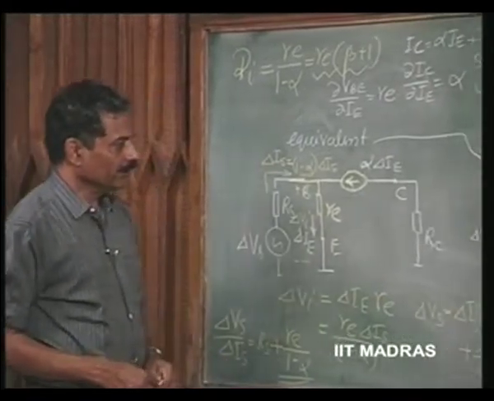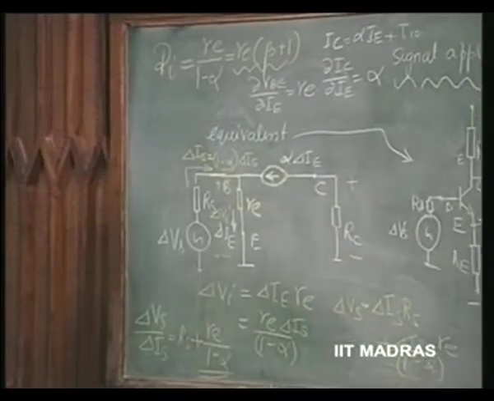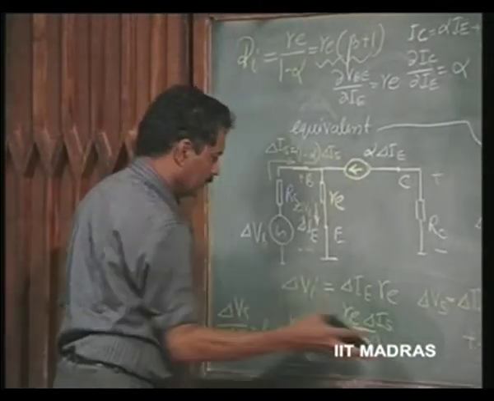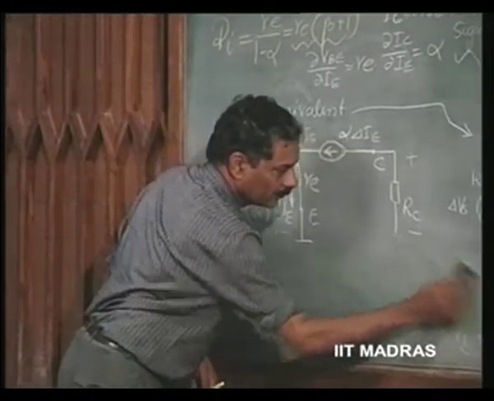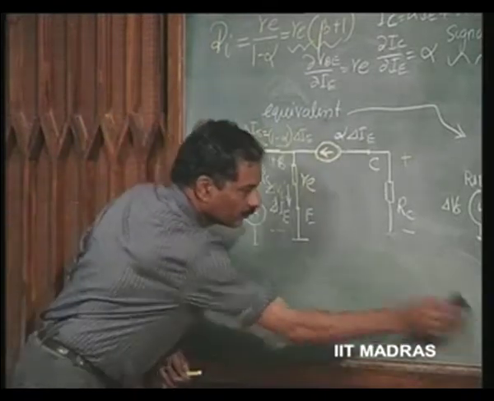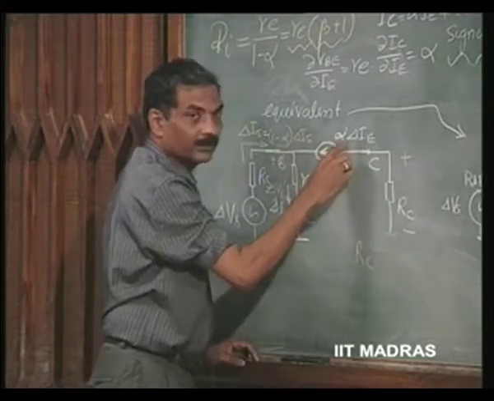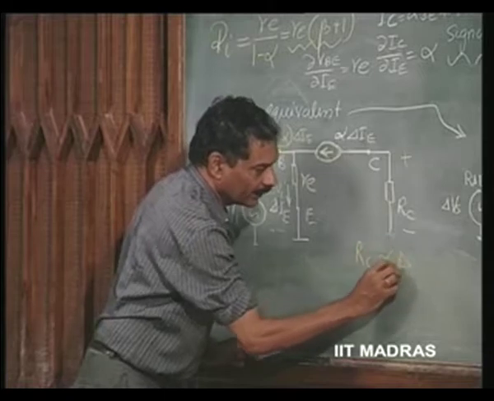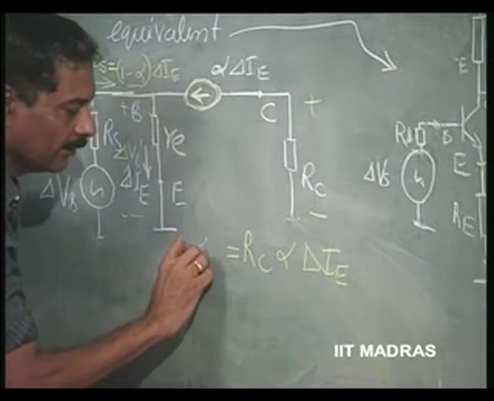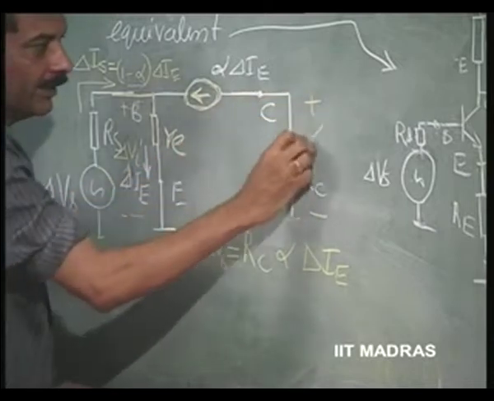Now, as far as the output voltage is concerned, let us check. Output voltage is going to be how much? Rc into current which is alpha times delta IE. This is equal to minus delta V naught, because current is flowing this way, and I have assumed delta V naught is positive this way.